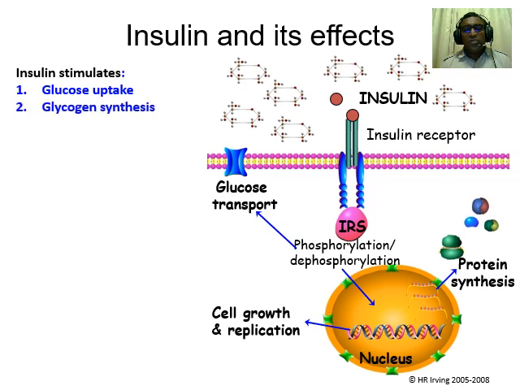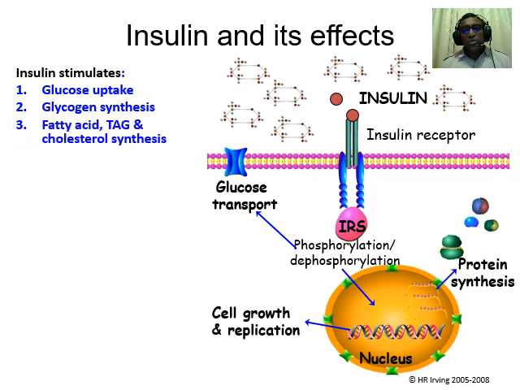That will lead to glycogenesis being activated, where insulin causes dephosphorylation of glycogen synthase, and therefore the glycogenesis pathway will be activated. So glycogen storage can take place.